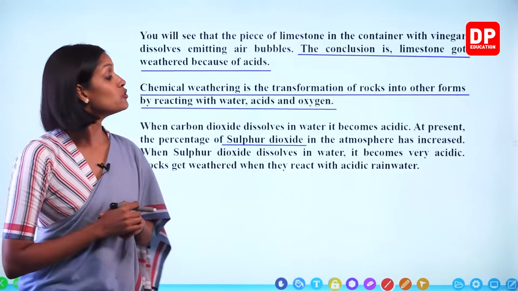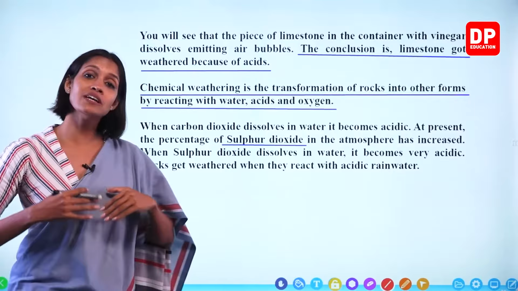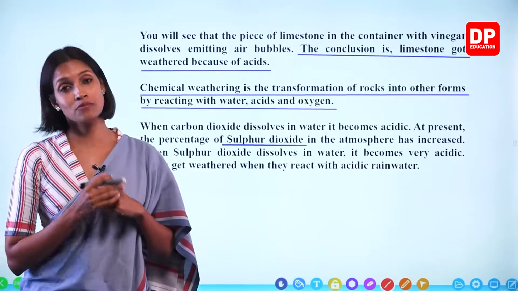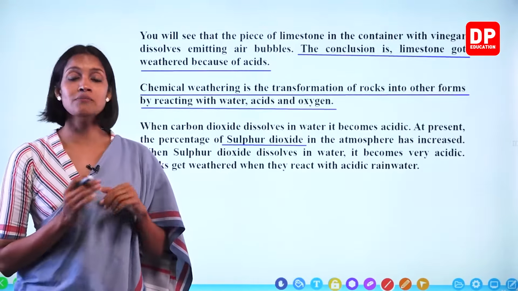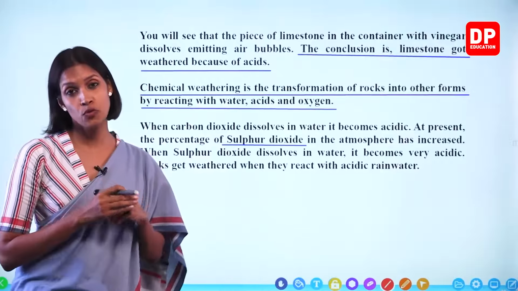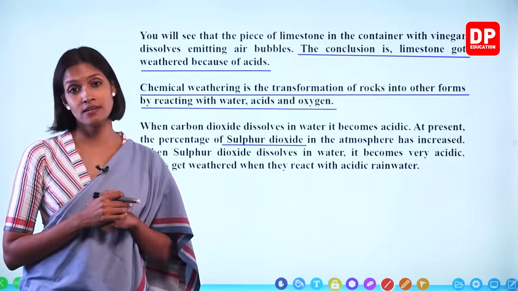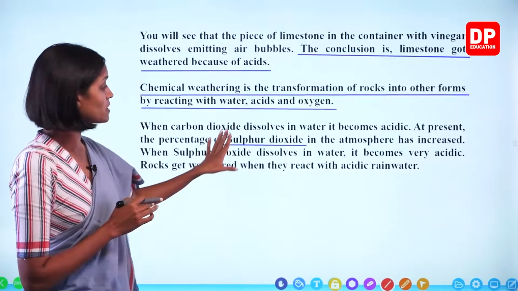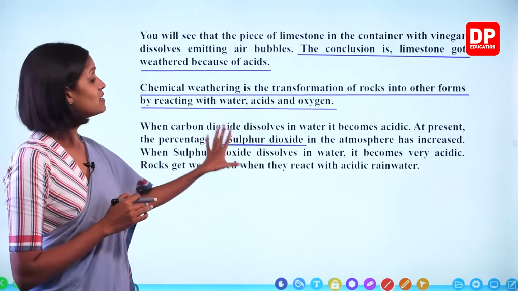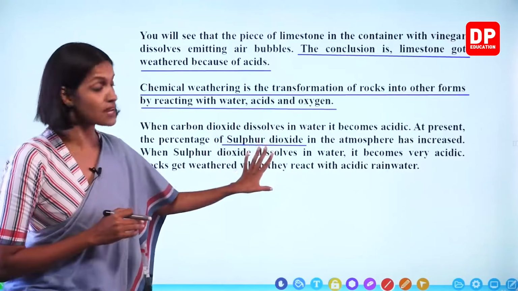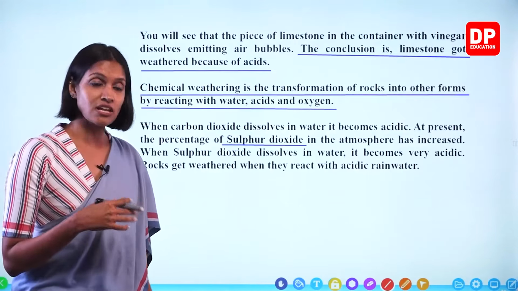So when nitrogen oxide gases dissolve in rainwater, what happens, children? Basically, nitric acid is formed. This is also very acidic. So not only because of sulfur dioxide gas, but because of nitrogen oxide gases also, acid rain is formed, right?